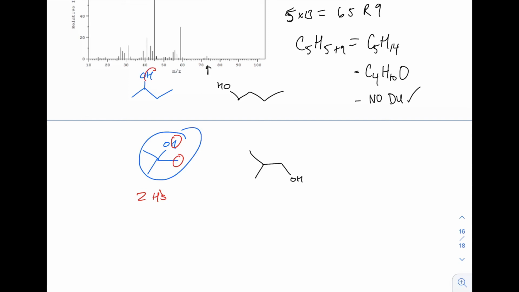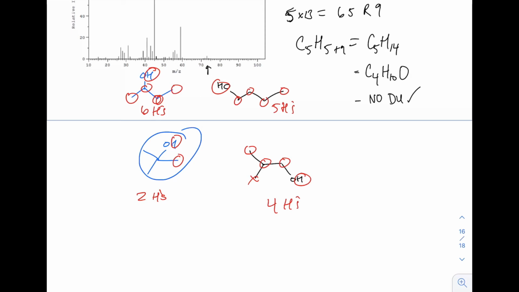This one right here on the top is 1, 2, 3, 4, 5, 6 resonances, so that's 6 H's. This one has 1, 2, 3, 4, 5, 5 H's. This one has 1, 2, 3, 4. This one right here is the same, so that's 4 H's.